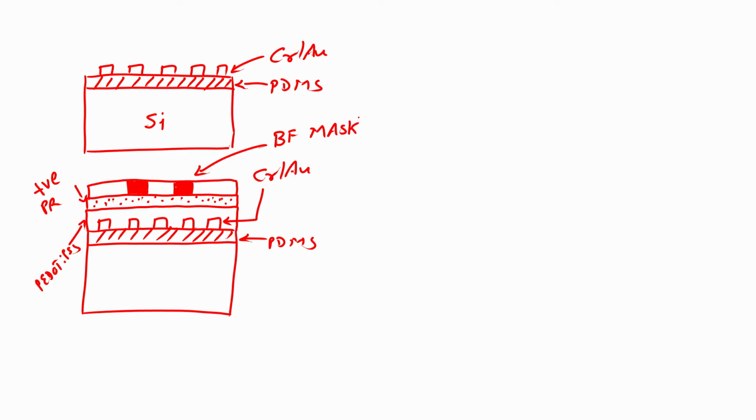The next step would be to expose with UV light. When I perform exposure, the next step would be the photoresist developer. When you develop this wafer in photoresist developer, what will happen?